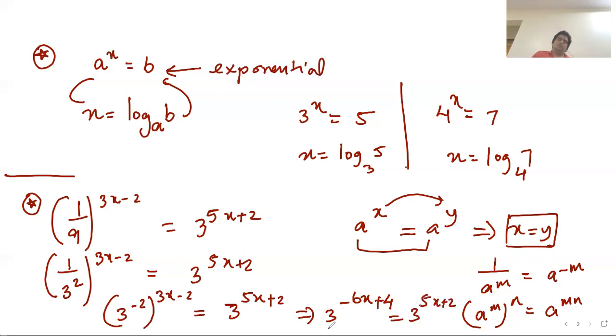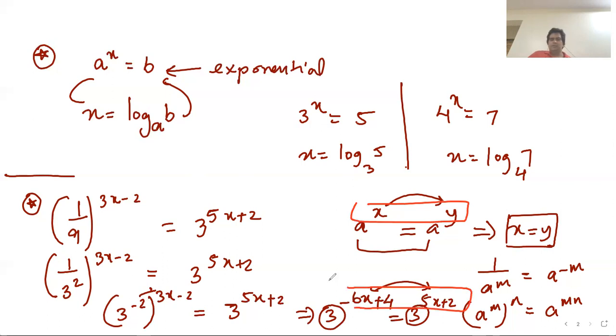So since you can see now, these two multiply with this property. Since these two bases are the same, bases are 3 here, I can just equate their powers with this property. So negative 6x plus 4 equals 5x plus 2.